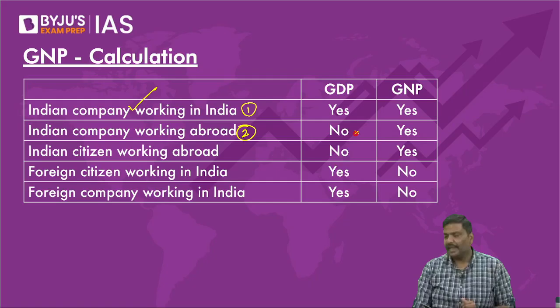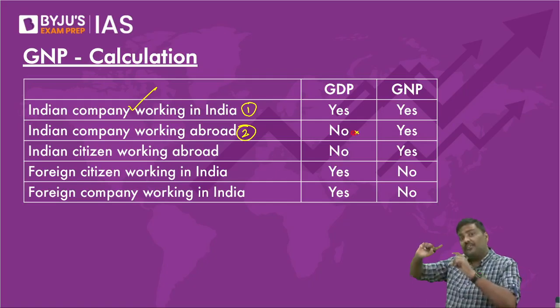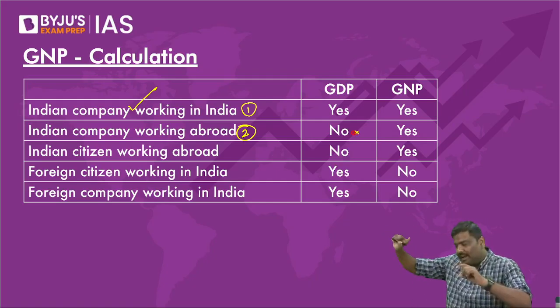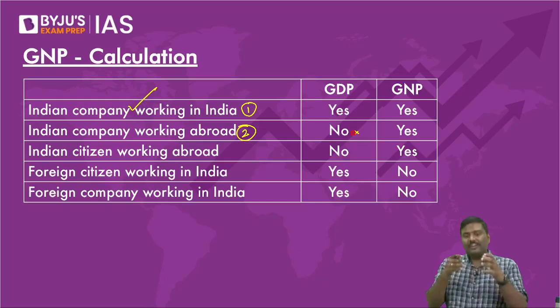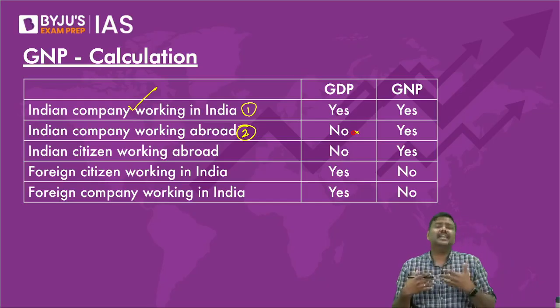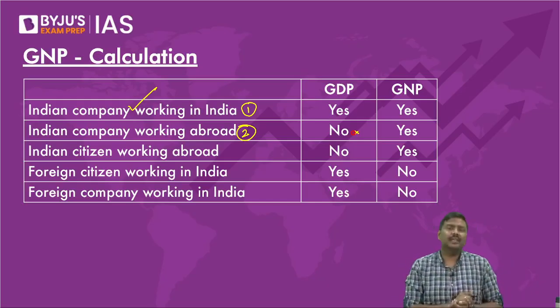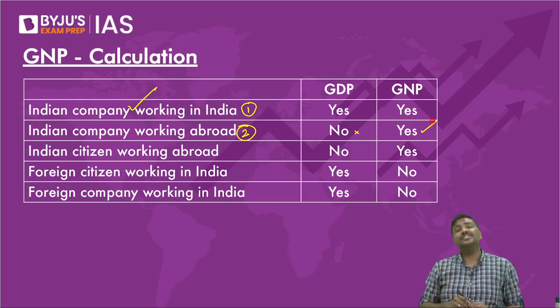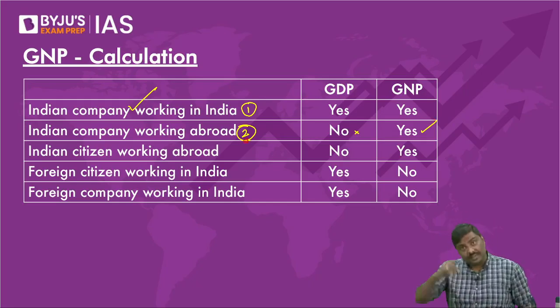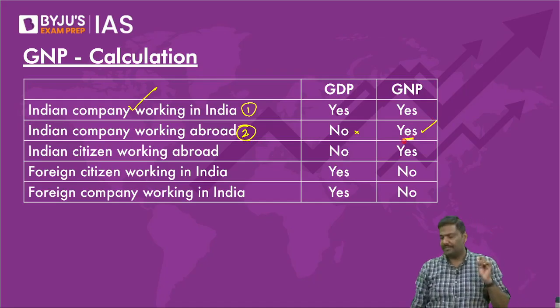No, because the profit is not generated in India, it is generated outside India. But whether they are producing in India or outside India, is it not an Indian company? Yes, so the profit generated by an Indian company, even outside India, will be counted as a part of India's GNP.